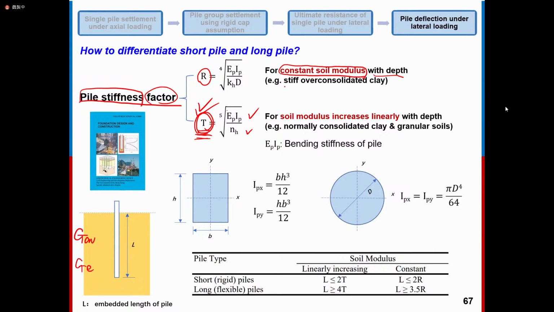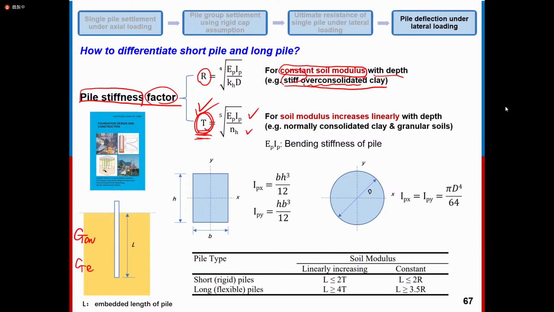For example, the soil can be stiff over-consolidated clay. For this kind of soil, the depth, or we can say the self-weight, will not change the behavior of the soil significantly. So we can just assume this soil is uniform along the depth in the vertical direction.